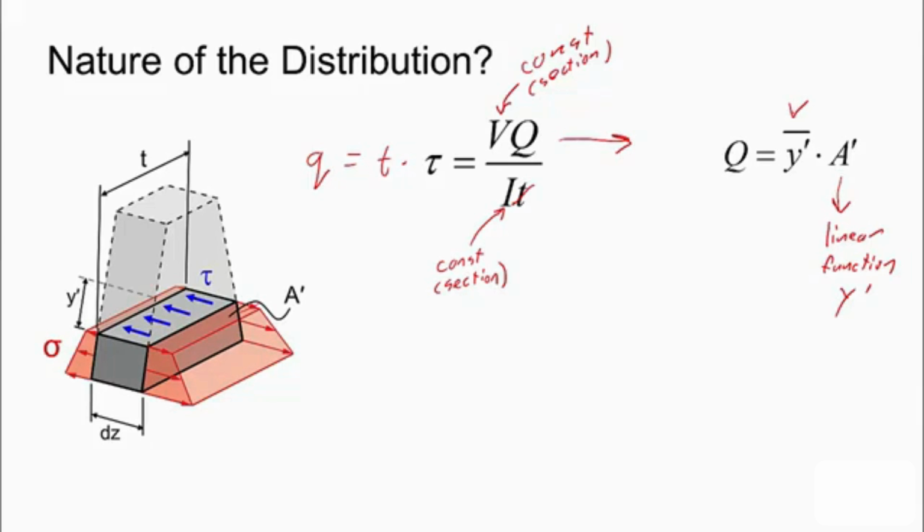Similarly, the distance to the centroid is a linear function of y, so that distance will vary linearly with the location of our section. So that means that Q is proportional to y prime squared. So it should be a parabolic distribution. And because V is constant and I is constant, our shear flow should have a parabolic distribution. So that's one thing we can already say.